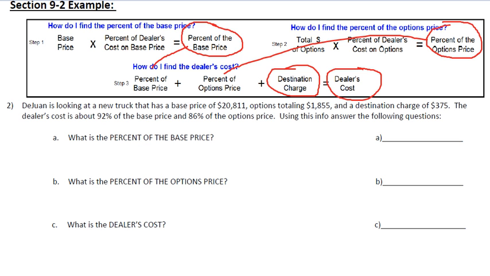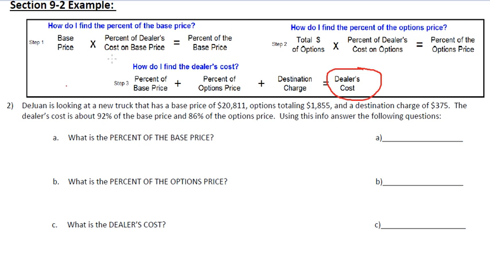We're still doing some addition, just like we did in Section 9-1, we're still adding things up. But because of Step 1 and Step 2, there's a little bit of multiplication that we have to do too. So let's just get rolling and start using these 3 steps to calculate the dealer's cost. In other words, how much money a dealership will actually have to spend to buy a car.